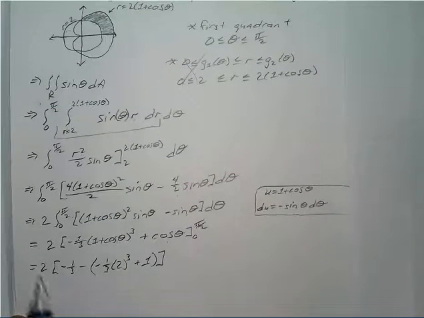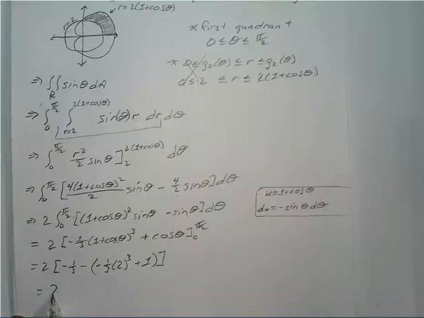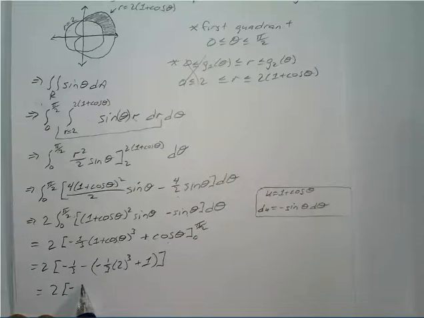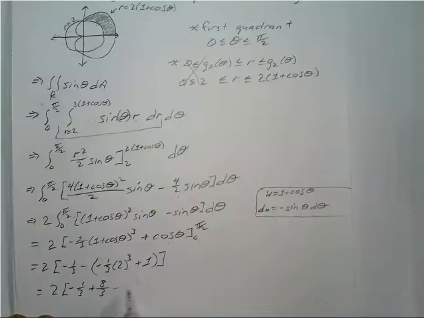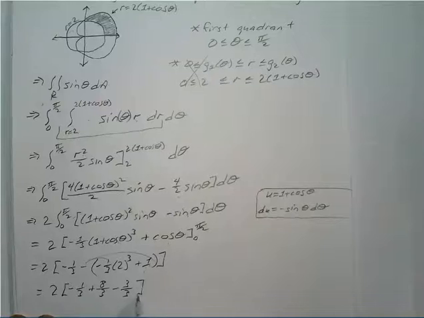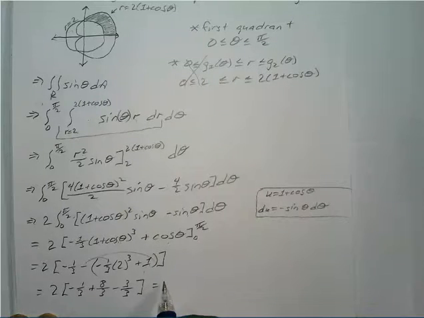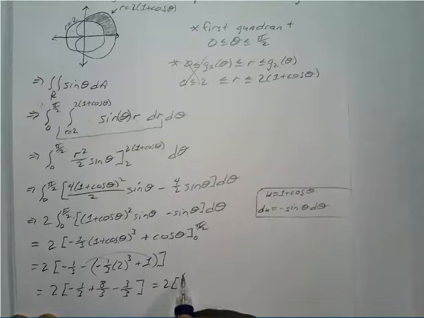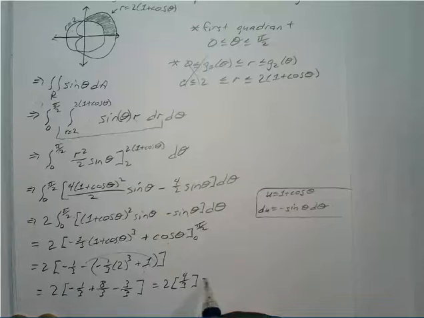Okay, so we end up with 2 times negative 1/3 plus 8 over 3 minus, once we distribute that, minus 1, or we can make that minus 3 over 3, which is equal to 2 times 4 over 3, which is 8 over 3.